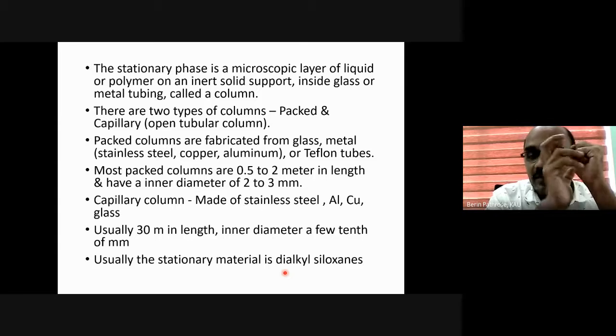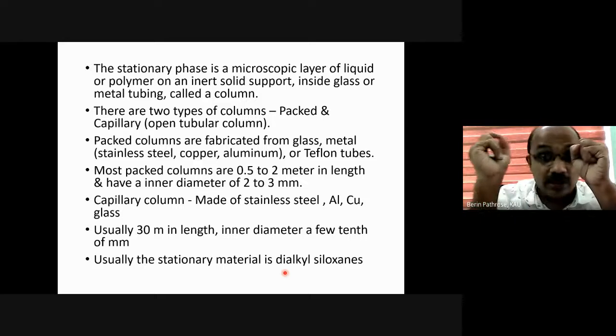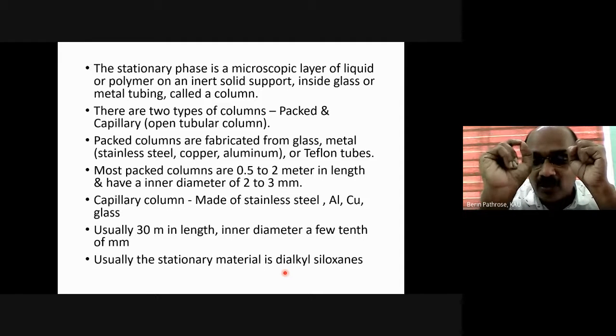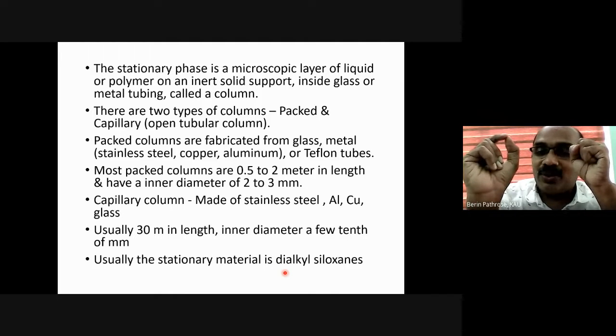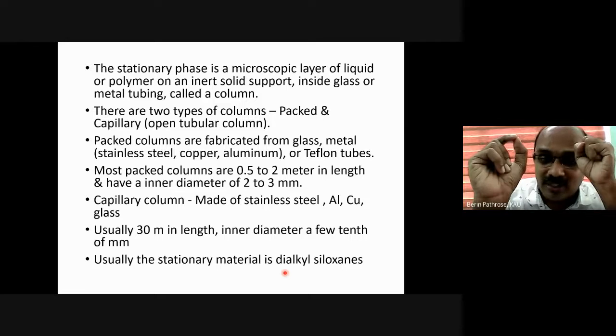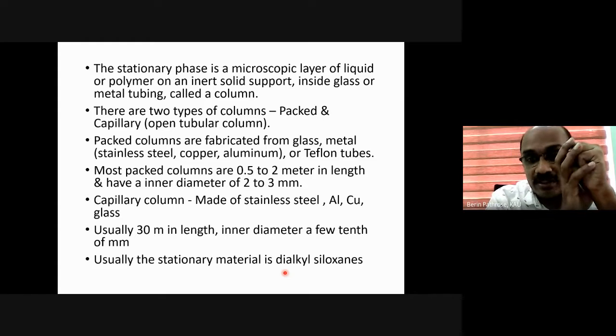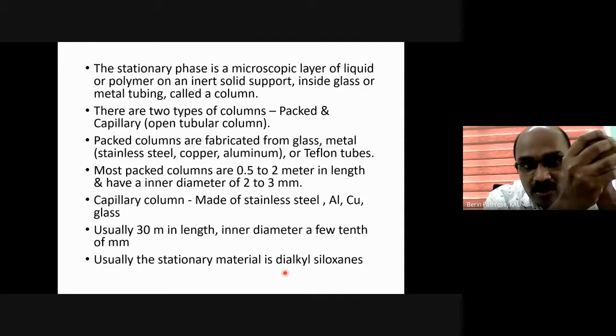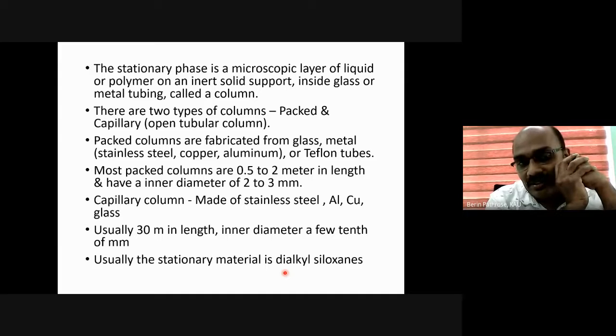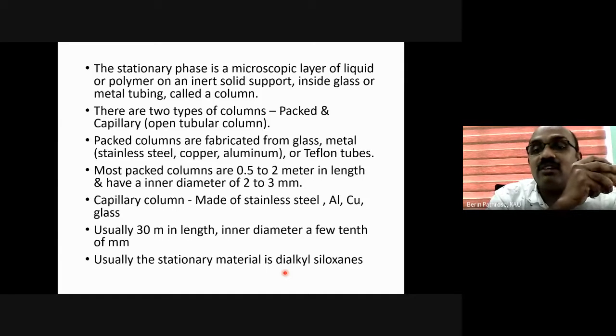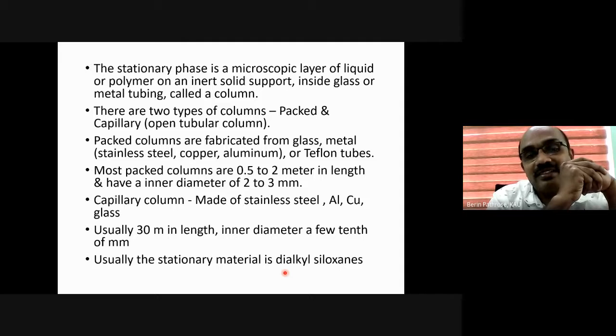I will repeat, the column will be filled with a solid material, and you can imagine what the diameter of that solid material will be. The diameter of that capillary column is a few tenths of a millimeter, and inside that we are filling a solid particle, and that solid particle will be coated with a liquid, and that liquid is the one which acts as the stationary phase.